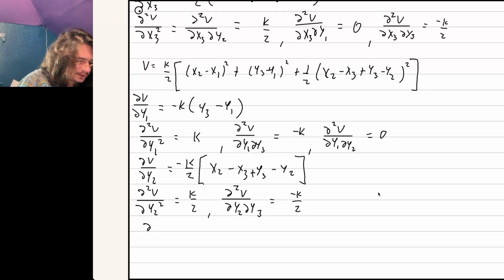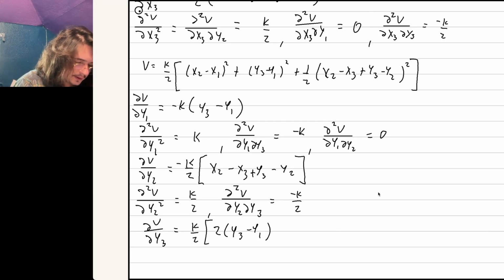You'll do del v del y3 finally, which has a lot of terms. So it'll be 2y3 minus y1 plus x2 minus x3 plus y3 minus y2.